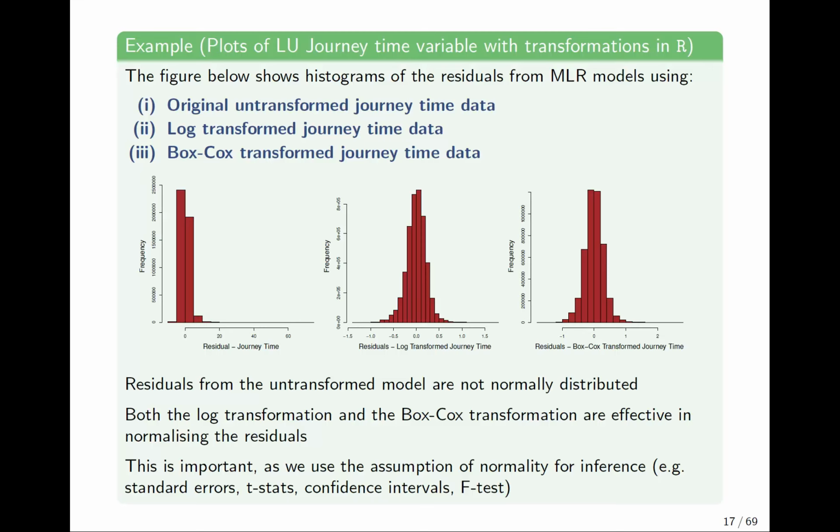So if our standard errors, our t-statistics, our confidence intervals, and our tests were based on this untransformed model, the normality assumption is violated and we cannot rely on the inference we're getting from that model. So based on either of the transformed models, we can be much more confident that the assumption of normality is holding.